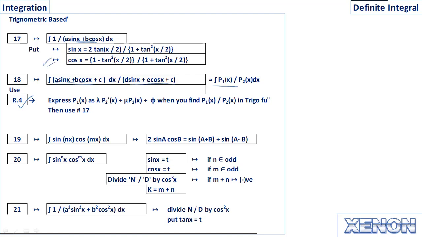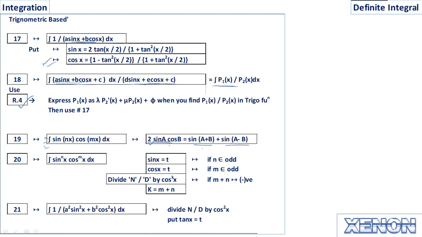When we are getting an integrand of the form sin nx cos mx, actually we know that sin(a plus b) plus sin(a minus b), when we break these, we will get sin a cos b plus sin b cos a plus sin a cos b minus sin b cos a. When we add this, we will get 2 sin a cos b. So here we will multiply numerator and denominator by 2, and we will take 2 sin nx cos mx.